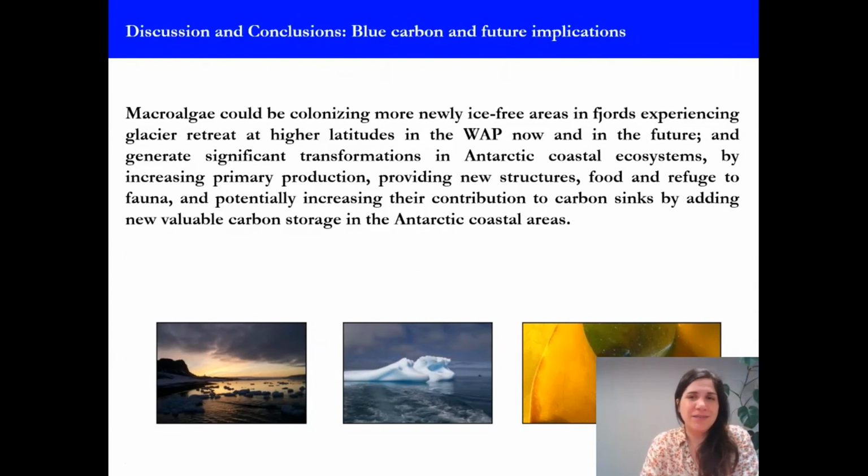And this generates a significant transformation in the coastal Antarctic ecosystems by increasing the primary production, providing new structures, food and refuge to fauna, and of course potentially increasing the contribution to carbon sinks by adding this new carbon storage in the Antarctic coastal areas.